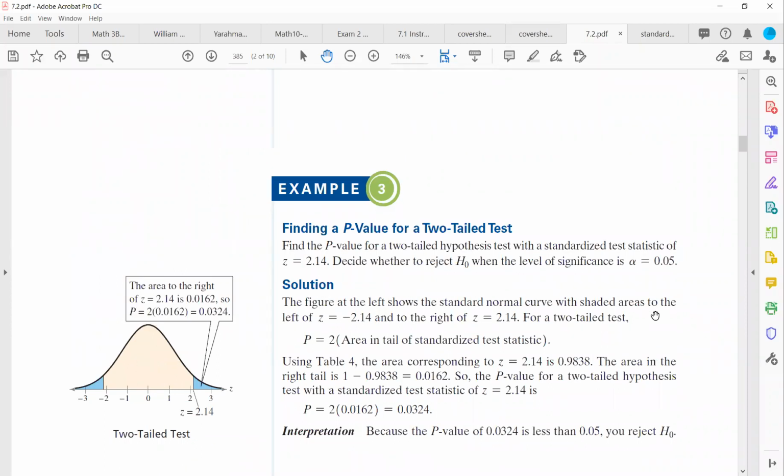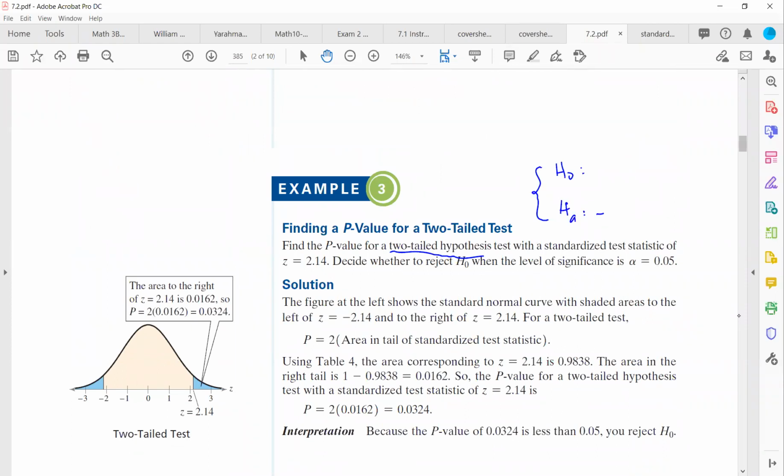Example 3. Now suppose you have a two-tailed hypothesis. So it means that your hypothesis testing is like this. Again, the tail, left tail, right tail, two-tailed graph is based on your alternative hypothesis.